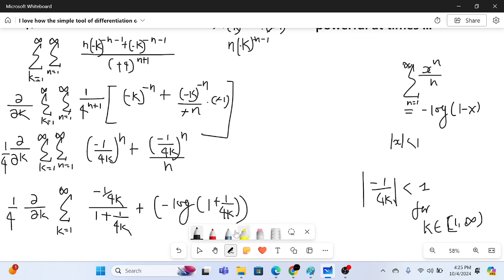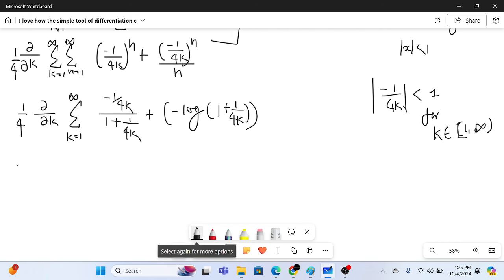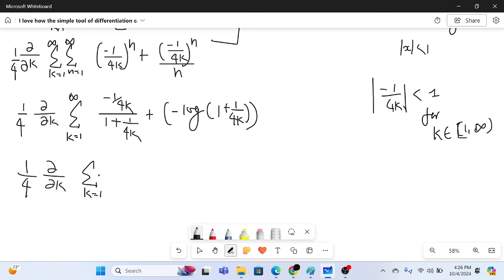Right? So we have 1 by 4 partial derivative with respect to k, sum from k equals 1 to infinity, and now this is minus 1 by 4k plus 1, and over here we will have minus log of 4k plus 1 divided by 4k, right?